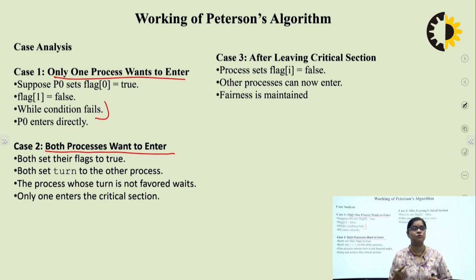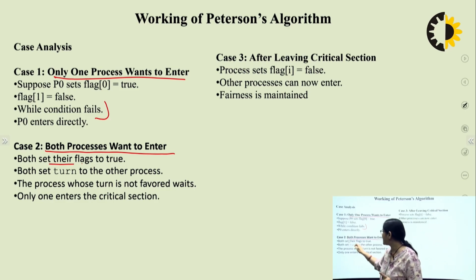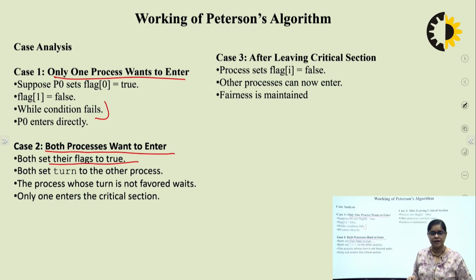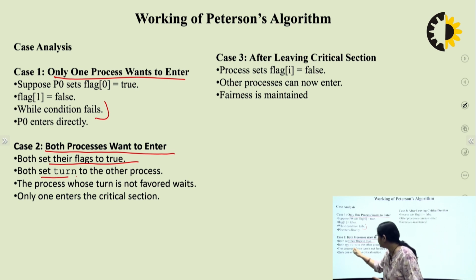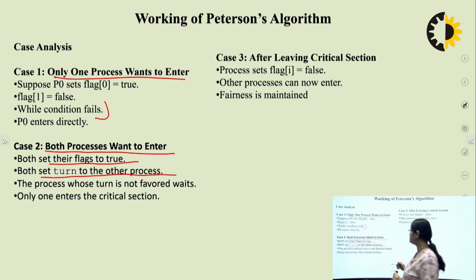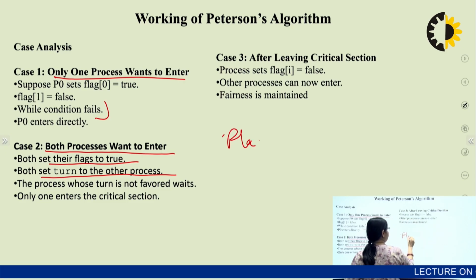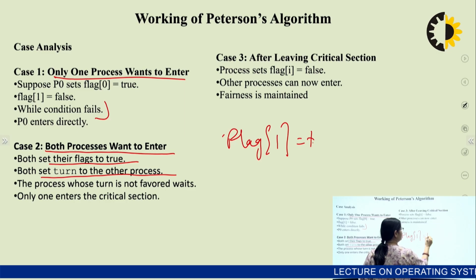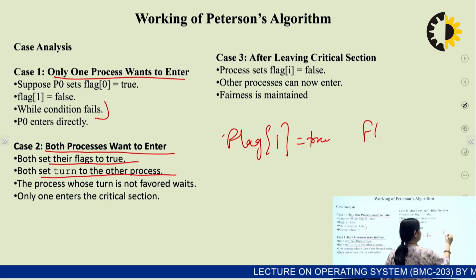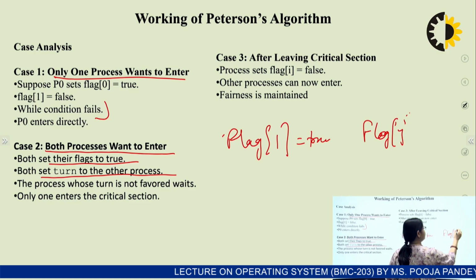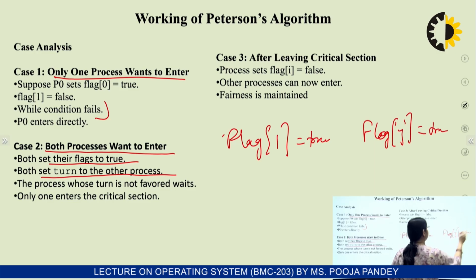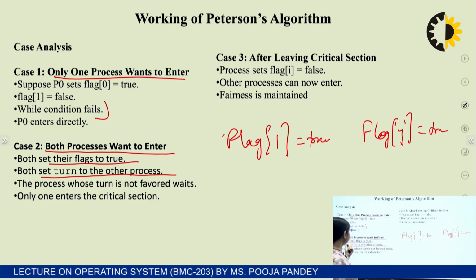Both set their flags to true, so flag of I is true and flag of J is also true, but both set the turn to the other process.